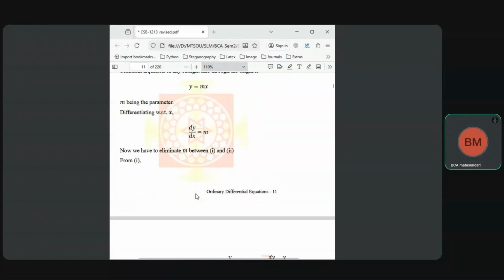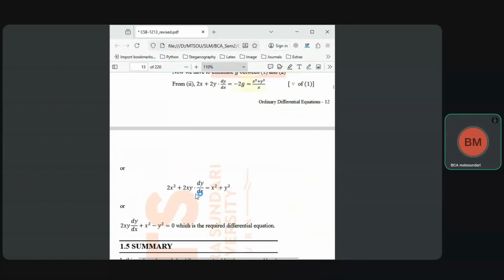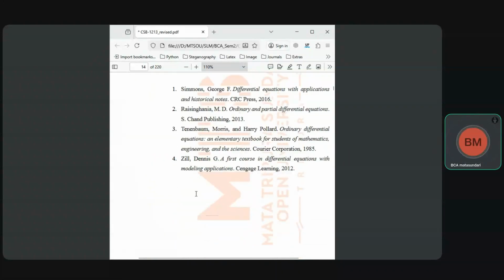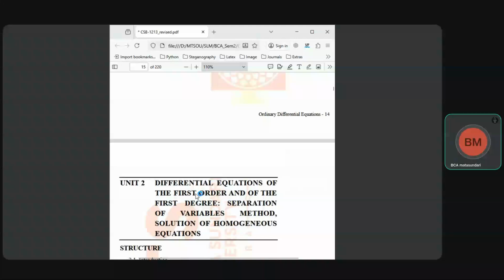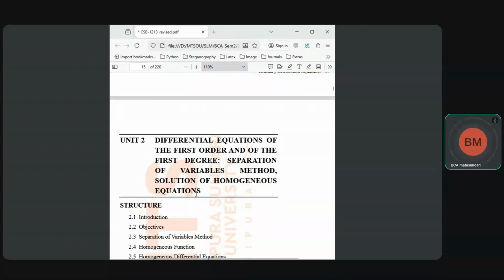These are more examples for you to practice. Go through them, and we conclude unit 1 from block 1. Now going forward to unit 2: differential equation of the first order and first degree, separation of variable method, solution of homogeneous equation.